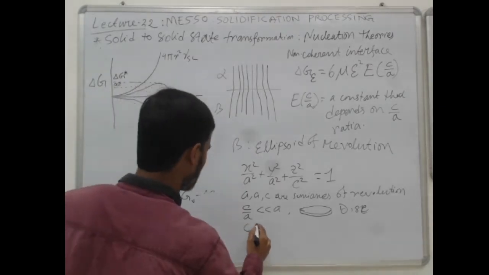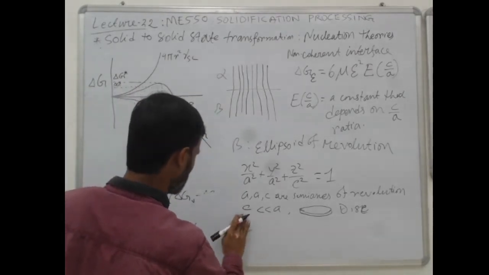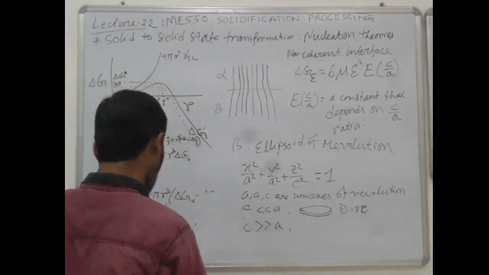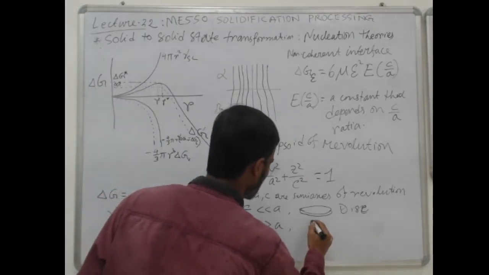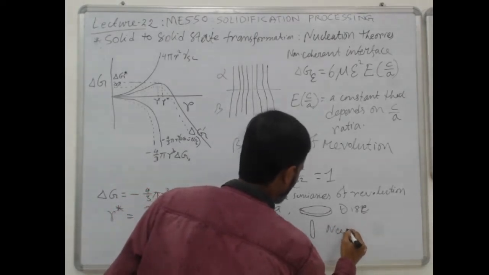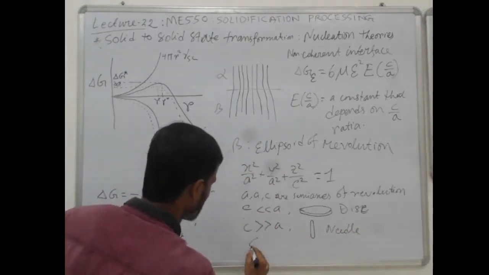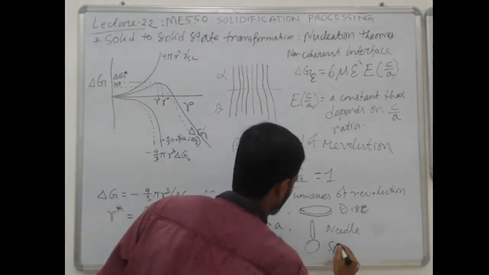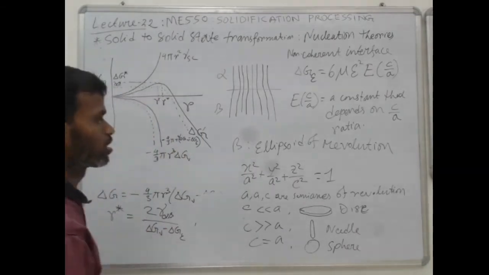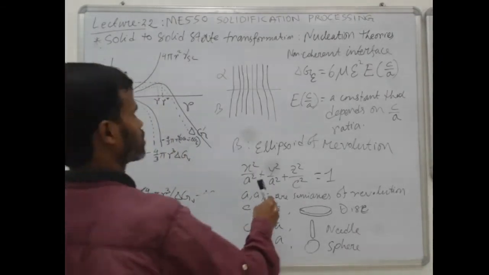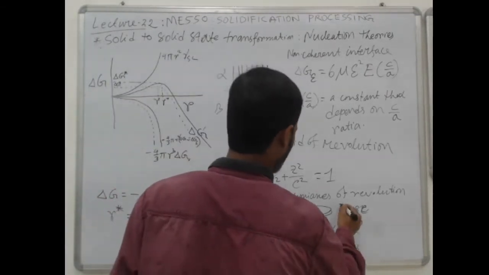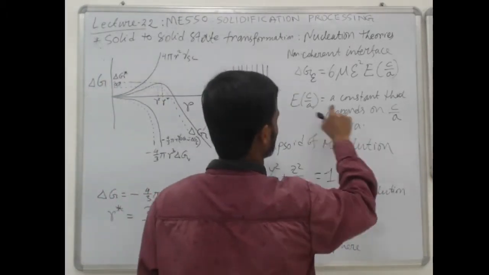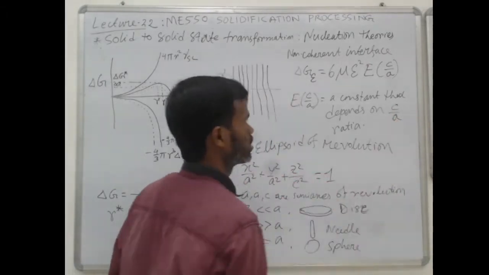If C is much greater than A, then you will have a needle-like shape. If C equals A, then you have a sphere, a spherical shape. So by this simple equation, they can describe all different types of shape by considering this constant, which is a function of the C by A ratio.